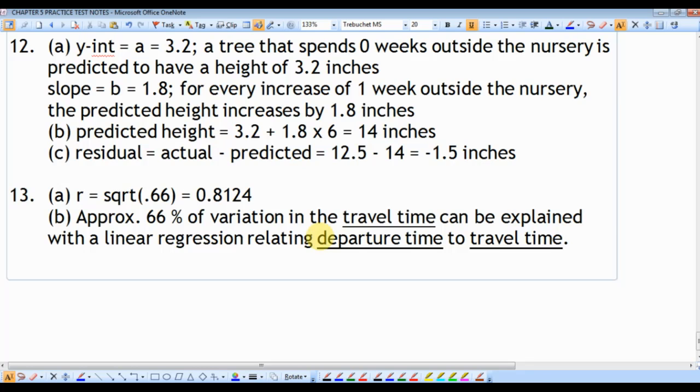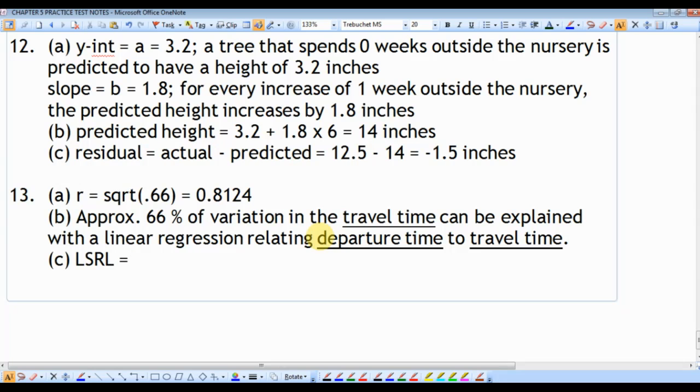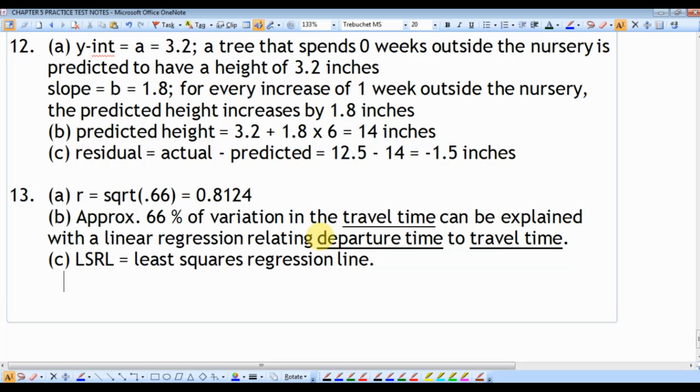Which quantity is minimized by an LSRL? Okay, and the answer here is actually part of the question. LSRL stands for least squares regression line. So what's minimized?